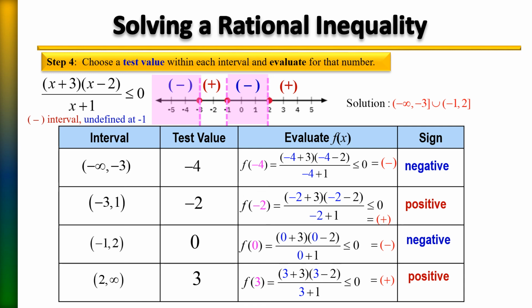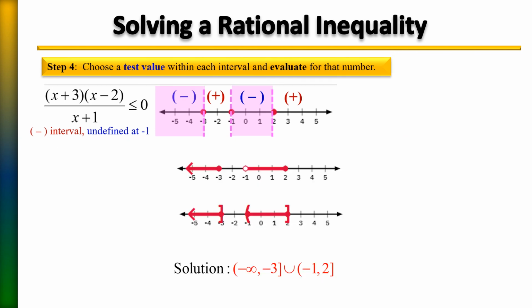And there you have it, solving a rational inequality. Okay, and this is what your graph should look like once you graph it. Remember, it's either way. You can either use the circles or you could use the parentheses and brackets, whichever you prefer. And then on the bottom, as you can see, is how you would write it in interval notation form. And that's it for solving a rational inequality.